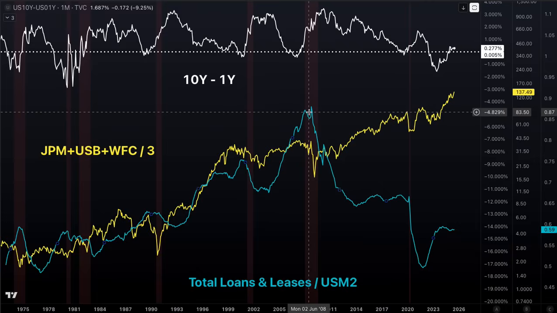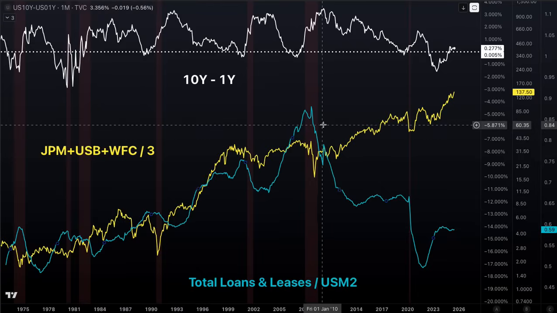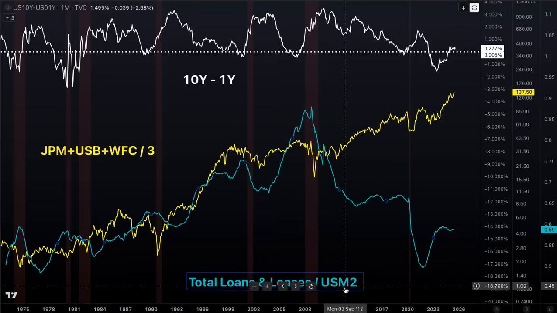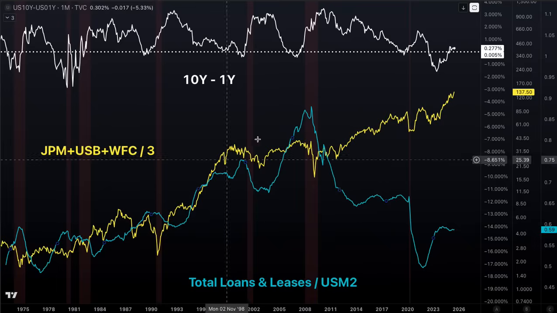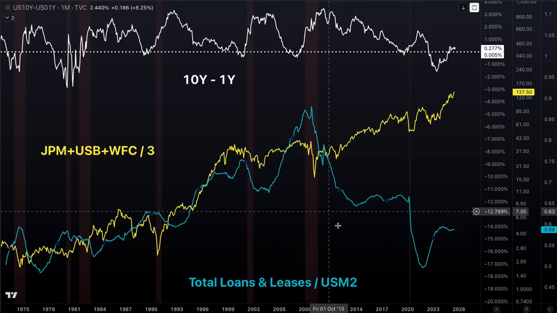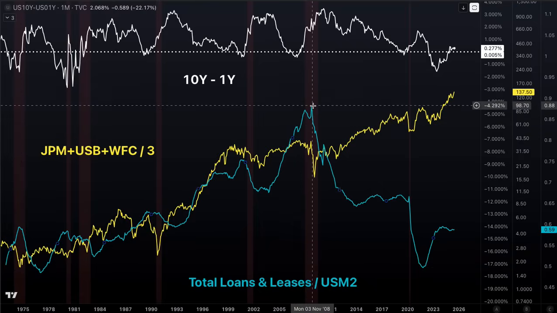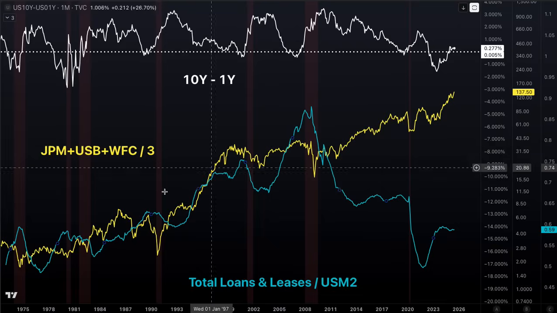Again, we'll get into this in part 2. You can see total loans and leases were growing faster than the government money was growing. You can see that over time, total loans and leases was outpacing M2. And that is why this blue line goes up. Well, things broke in 2008. We'll get into that in part 2.